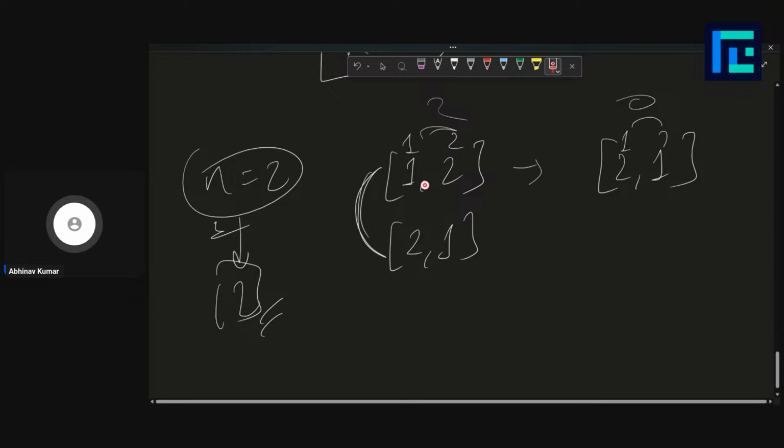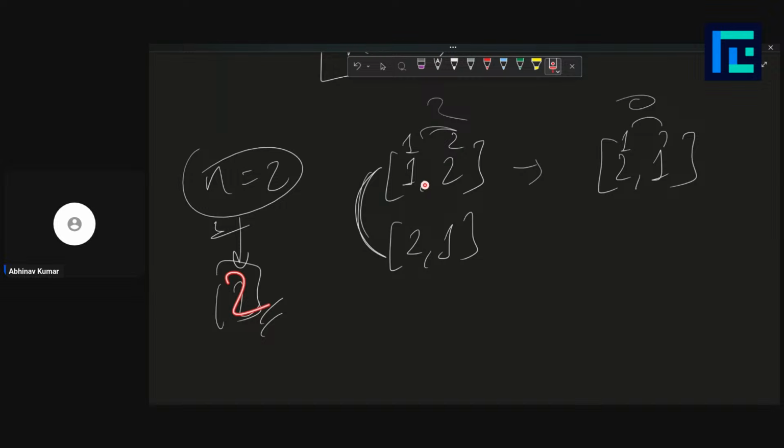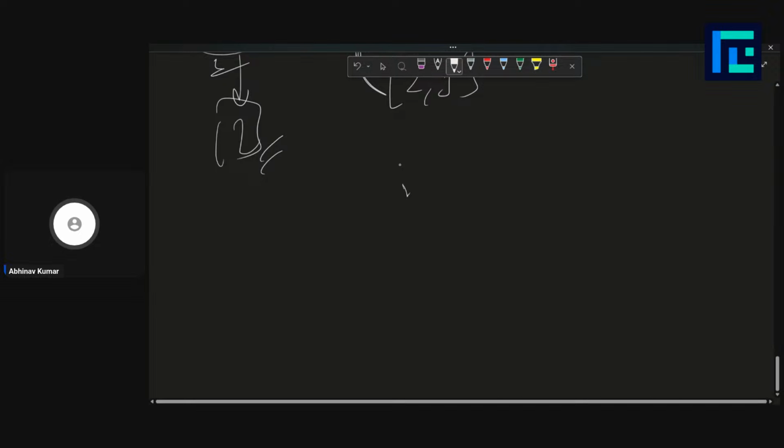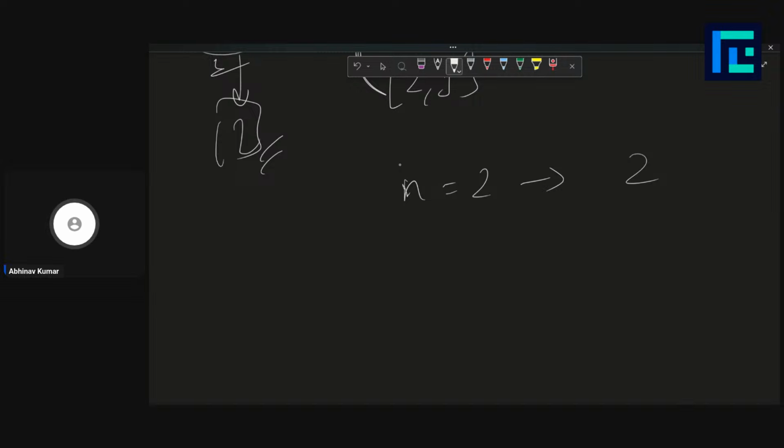So you can return any of these. The minimum GP value you can get is 2 because cyclic shifts of them would give at least 2. So for n equal to 2, our answer was 2. Like, the minimum value was 2. You can return a permutation accordingly. For n equal to 3, our answer was 1.